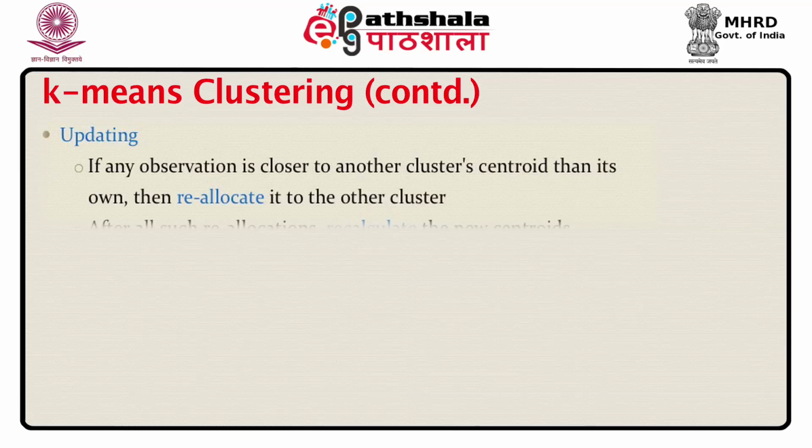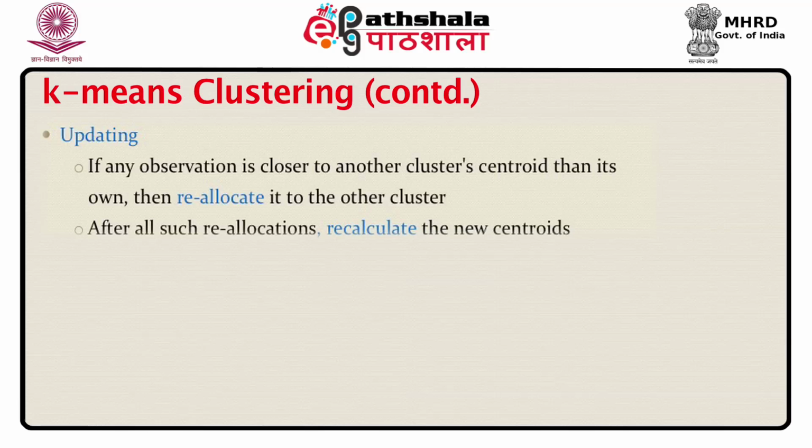Because as we have more and more members, the cluster centroids would be changing, and this member might be wrongly assigned to a different cluster. So we need to reallocate these members according to their distance from the different cluster centroids.